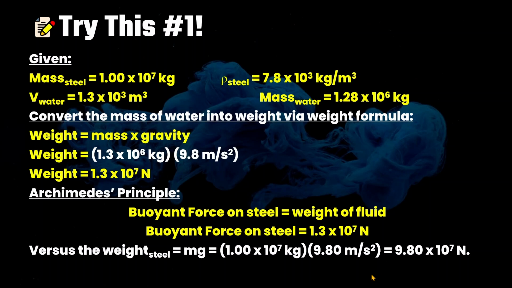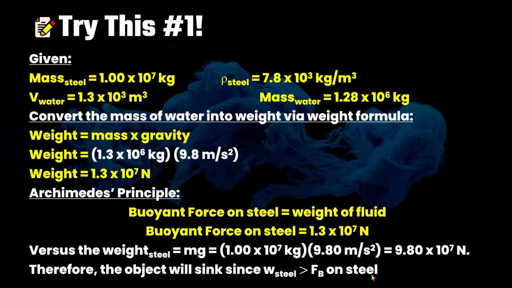If we're going to decide if this will sink or float, we have to remember that the object will sink if the weight of that object is greater than the buoyant force on that object. In this case, since the buoyant force is less than the object's weight, therefore this object will sink.